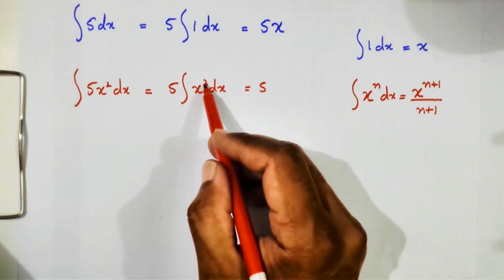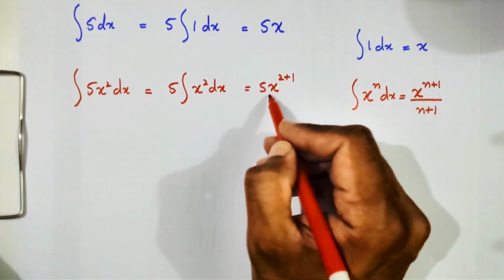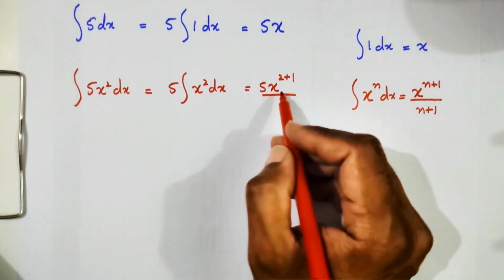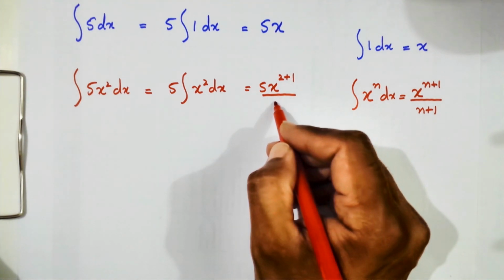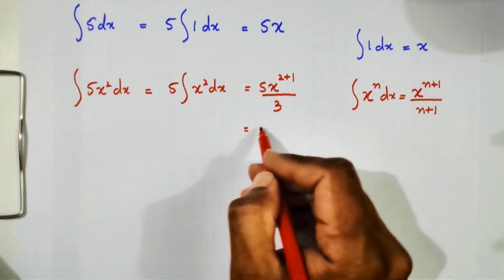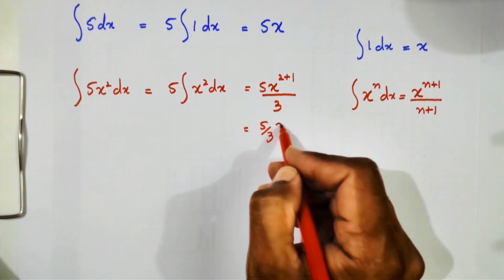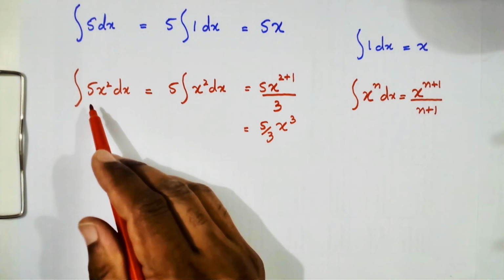So we add 1 to the given power 2, and write the result, which is 3, in its denominator. So the final answer is 5 by 3 x cube.